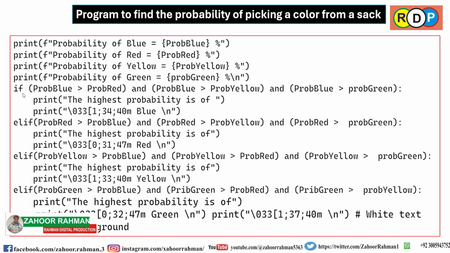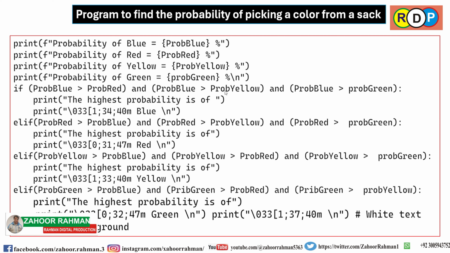Now we reach the main part of this program, and that is the logical operator. I am testing more than one condition. The first condition is enclosed inside the parentheses, and in this condition I am checking whether the probability of blue is greater than the probability of red, and the probability of blue is greater than the probability of yellow, and the probability of blue is greater than the probability of green.